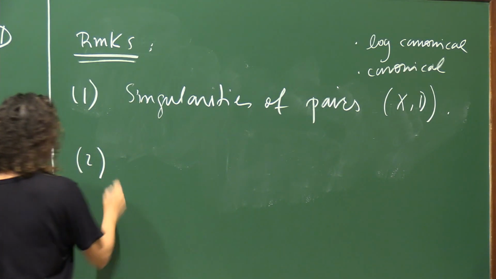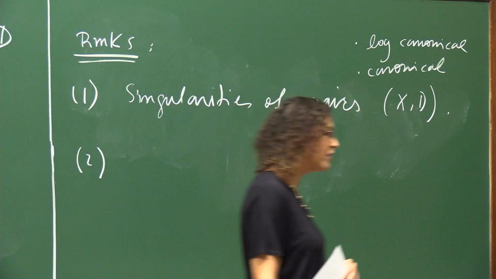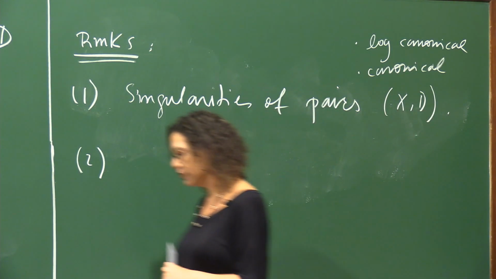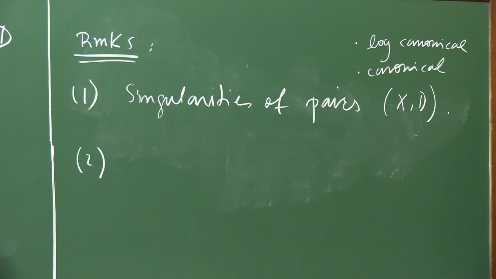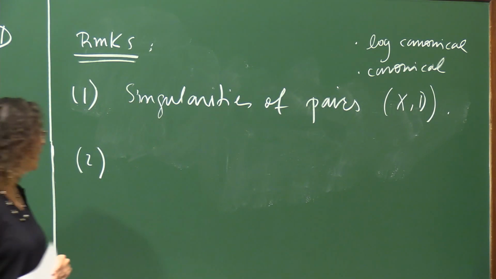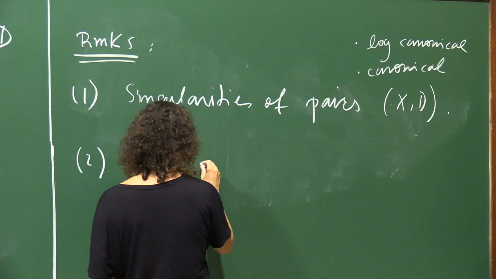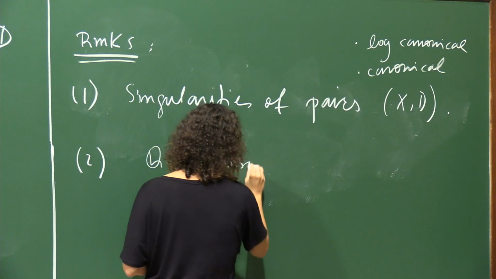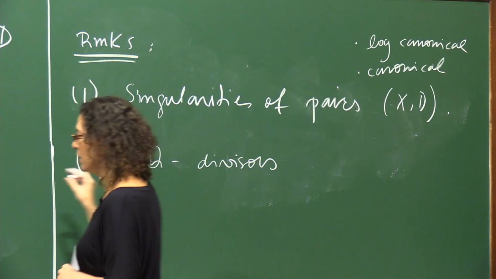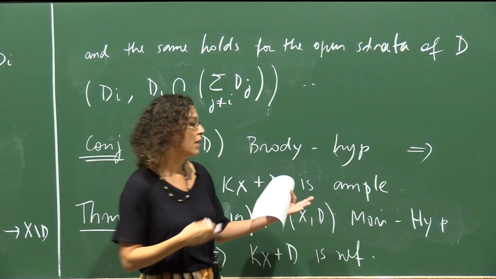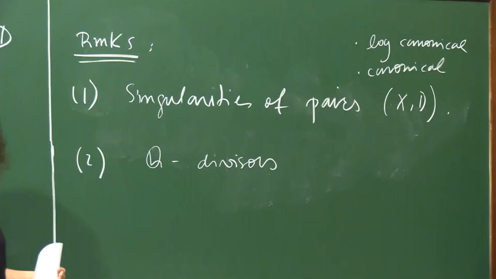And the other remark that I just want to mention is that here we are considering divisors that are Weil divisors. So this is really a sum of prime divisors on X. But in birational geometry, in the minimal model program, one is led to consider a much more general notion of Q-divisors. So here, the coefficients of D are allowed to be rational numbers, say, between 0 and 1.